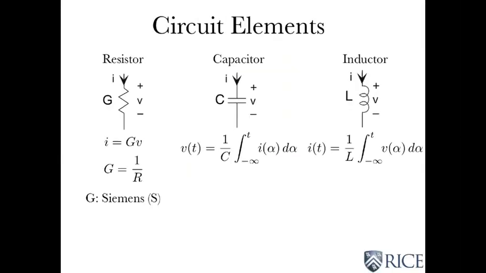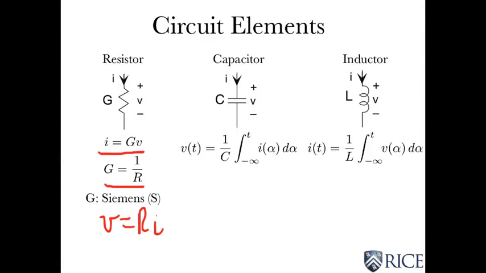Okay, let's go back and look at the circuit elements again, because there are times when you want to write the VI relations the other way, if you will. So instead of V equals RI, you might want to write I equals 1 over R times V. Well, 1 over R is called the conductance.